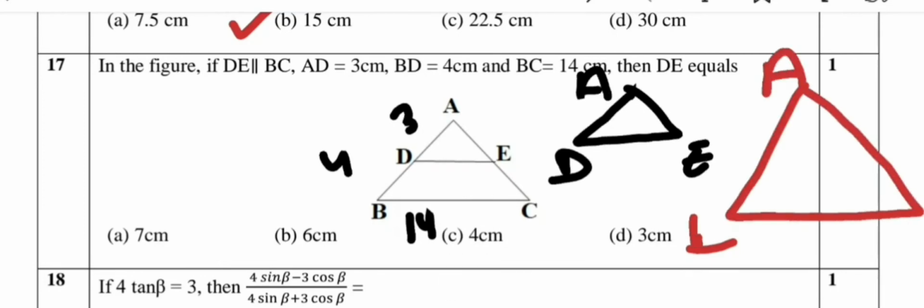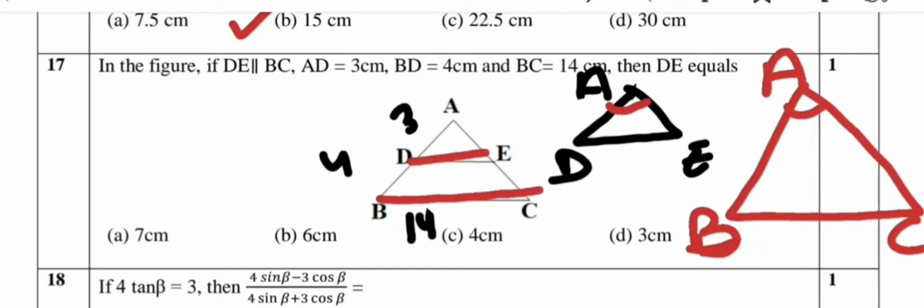Now we can see that in this figure, actually there are two triangles. One is this small triangle ADE and another triangle is the bigger one ABC. Now let us see, is there anything similar in these two triangles? Yes, we have angle A, a common angle. These two sides are parallel. So these two angles are going to be corresponding angles. So they will be equal. Similarly, these two angles will be equal.